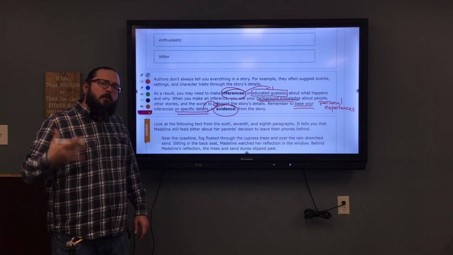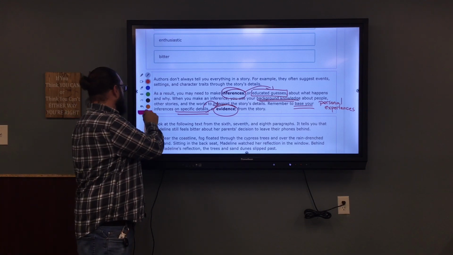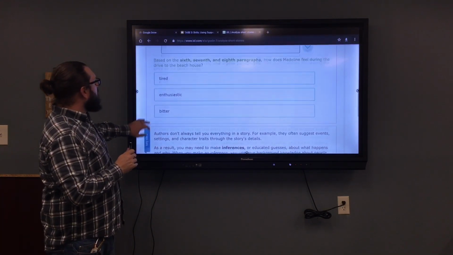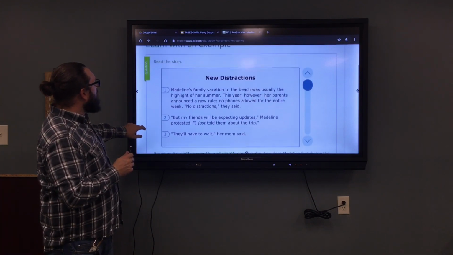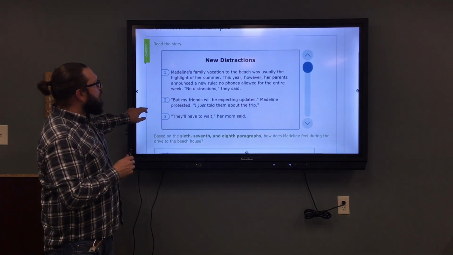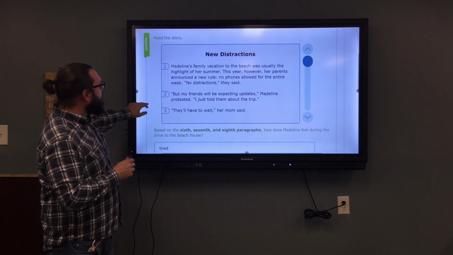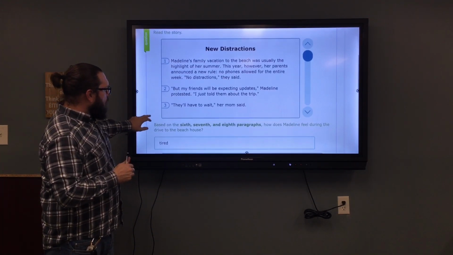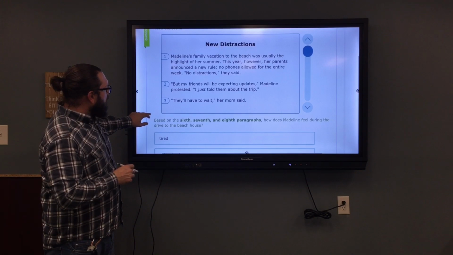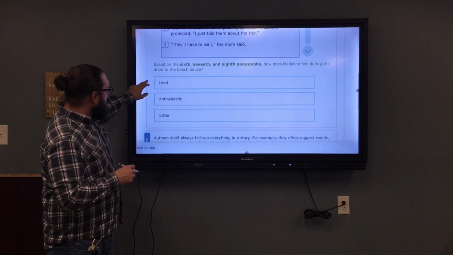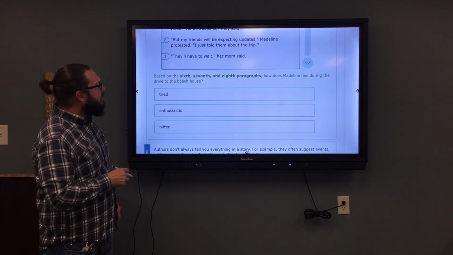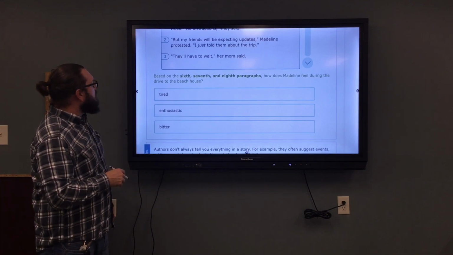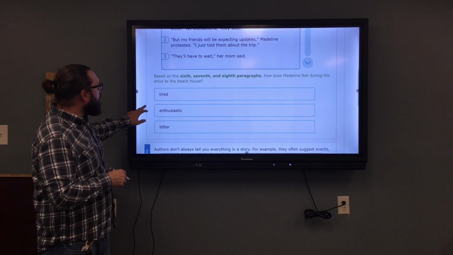So how do we apply this in a literary text? Well, let's take a look at an example. We have a story called New Distractions. And our example says, based on the 6th, 7th, and 8th paragraphs, how does Madeline feel during the drive to the beach house?